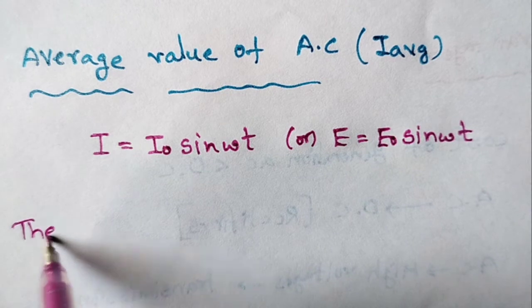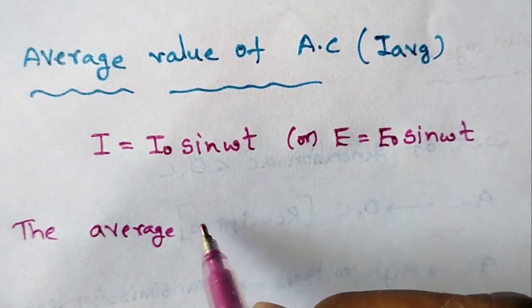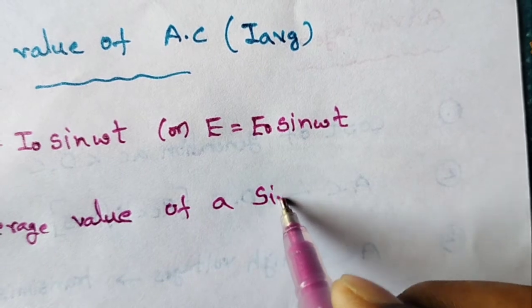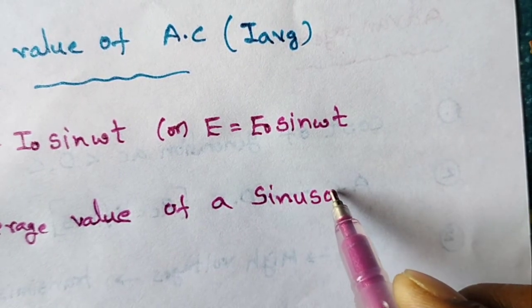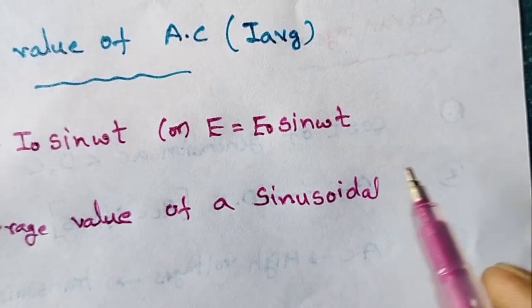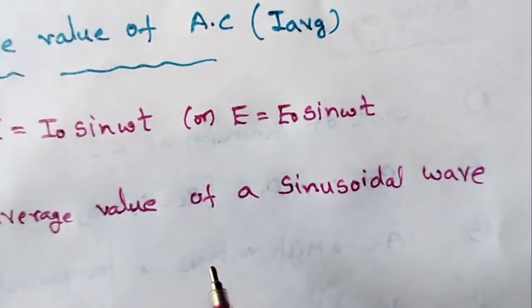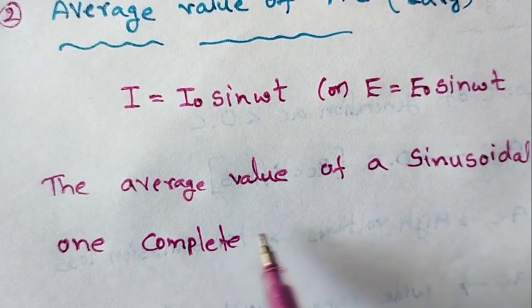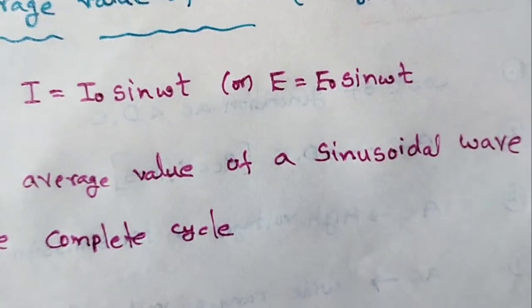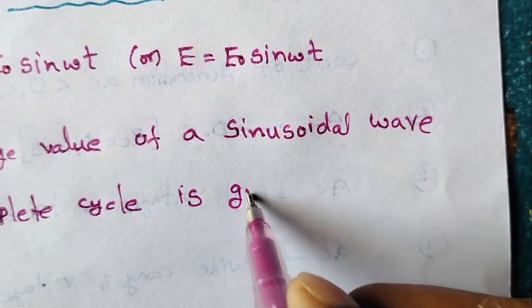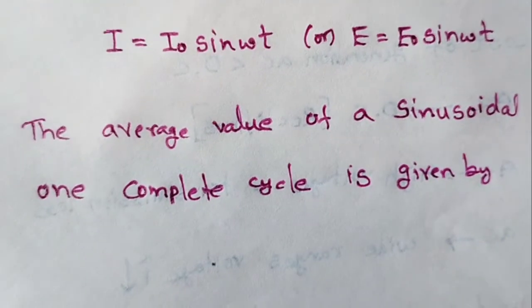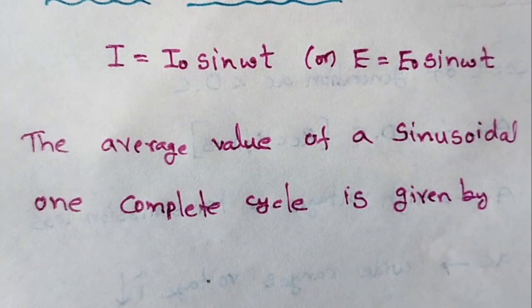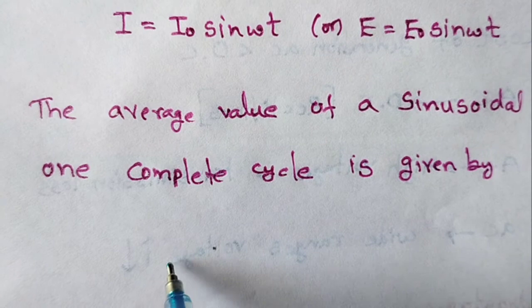The average value of a sinusoidal wave over one complete cycle is given by the I average formula.